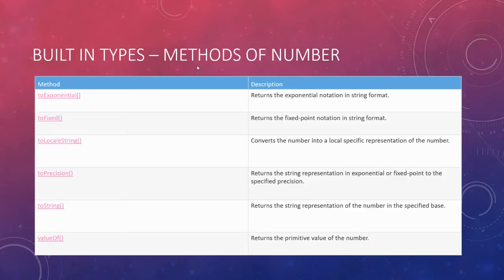Next is toPrecision, which returns the string representation in exponential or fixed point to the specified precision. Next is toString, which returns a string representation of the number in the specified base. And last is valueOf, which returns the primitive value of the number. You can use these methods in your functions and try them out. The description is as seen in the slide.